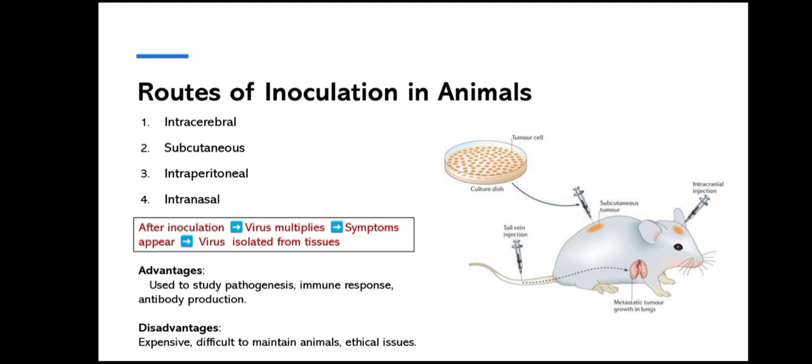Even the mice can be sacrificed and the tissue histology is studied. It is mainly used for research purposes and for some viruses which are very hard to cultivate, like arbovirus and Coxsackie virus. The advantages are to study the pathogenesis, immune response and antibody production, and the disadvantages are that it is very expensive, the animals are difficult to maintain, and there are ethical issues related to it.